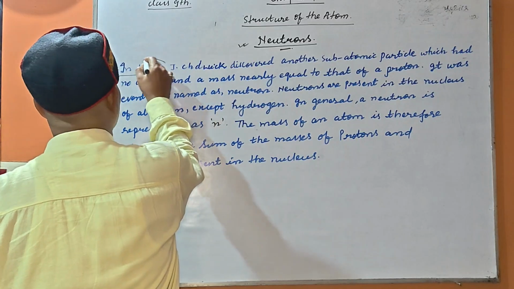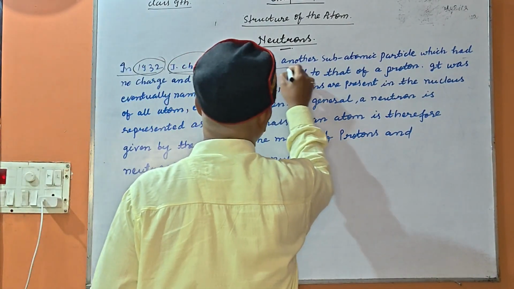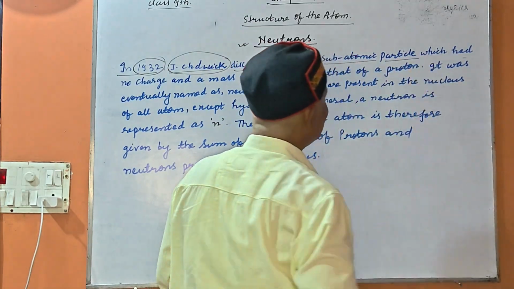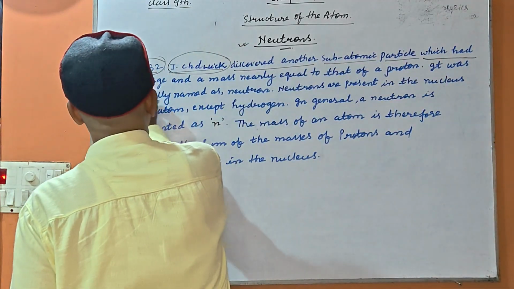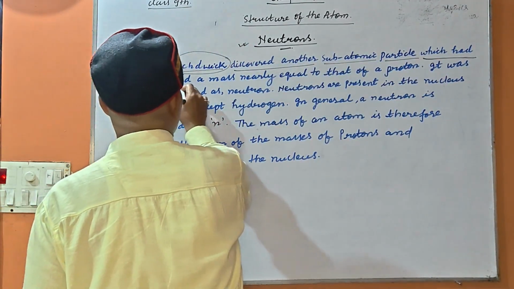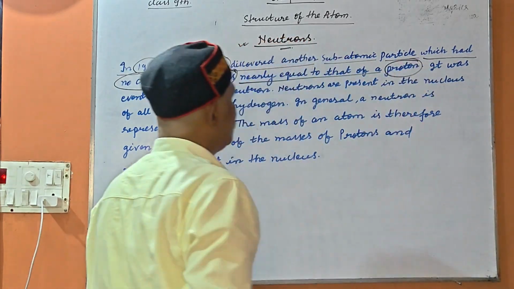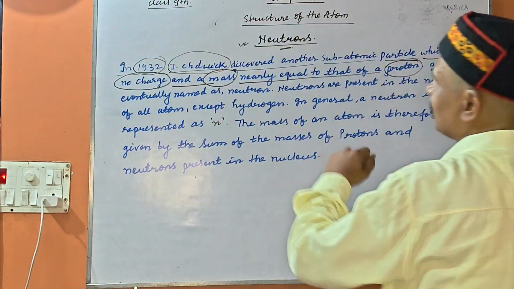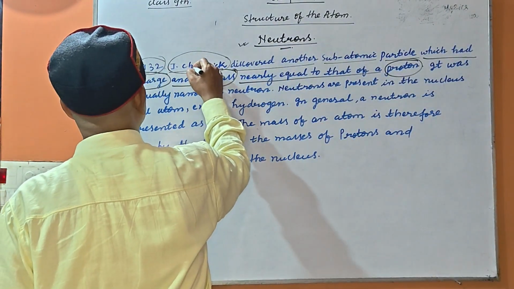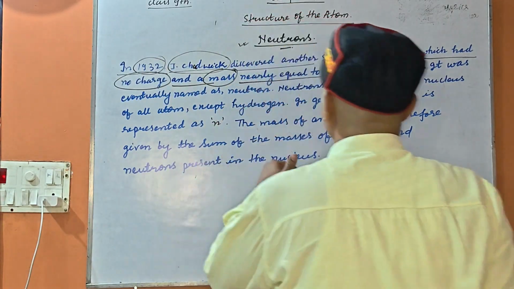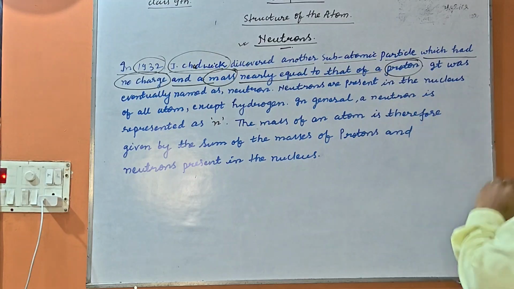In 1932, J. Chadwick discovered another subatomic particle which had no charge and a mass nearly equal to that of a proton.